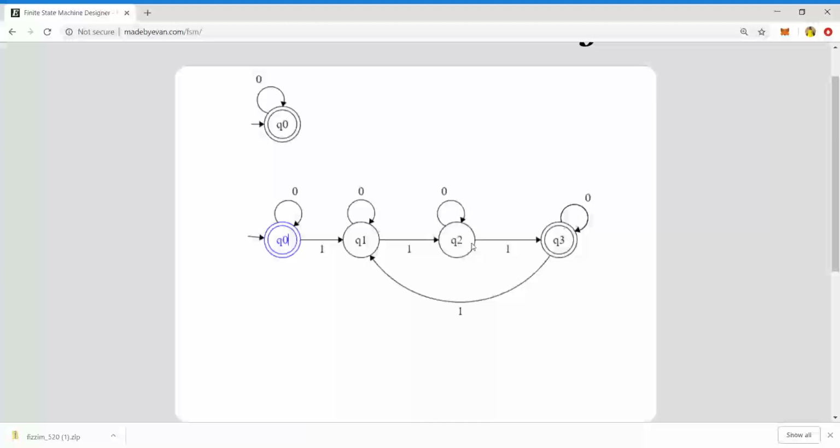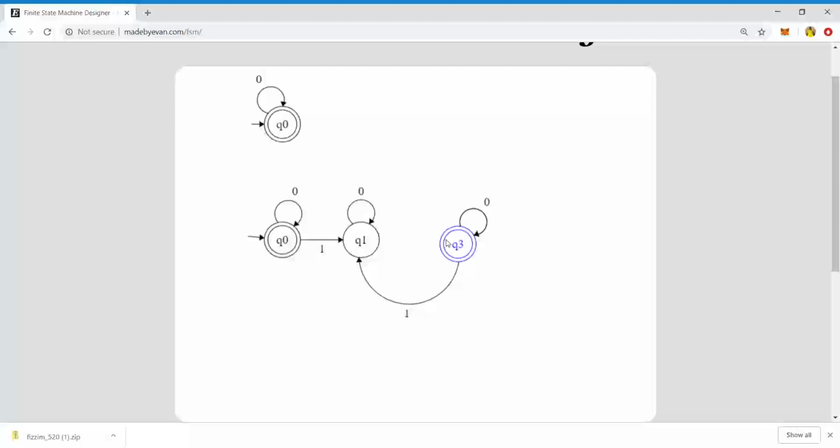In every group of three ones, when the machine has encountered the third one, it should go to the final state, right? So I'll delete this state and move this here, and when there is a third one we can move this transition.